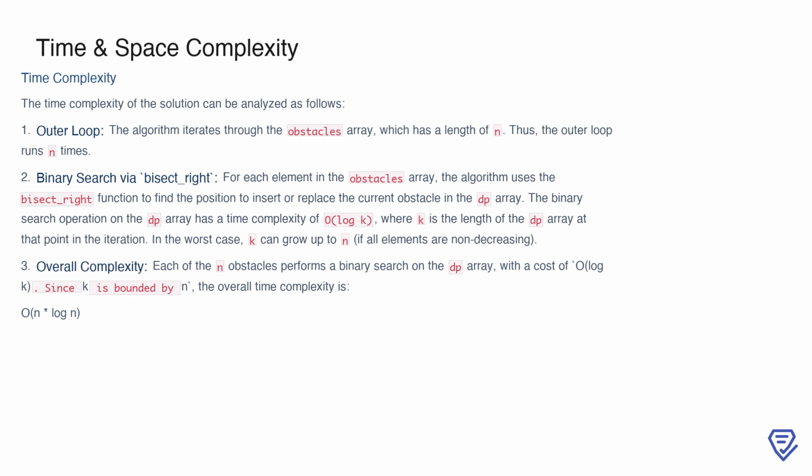Since the binary search operation depends on the length of the dp array, it has a time complexity of O(log k), where k is the size of the dp array at that moment. In the worst-case scenario, k can grow up to n, such as when the input array is non-decreasing. Combining these two factors, the outer loop executes n times, and each execution involves a binary search that takes O(log k). Thus, the overall time complexity of the solution becomes O(n * log n).